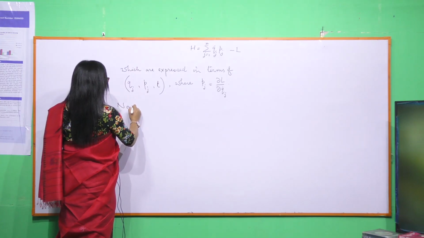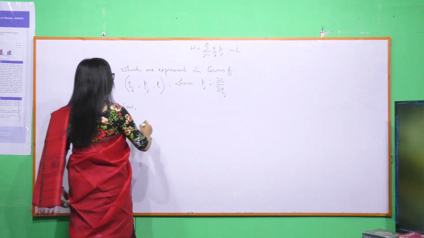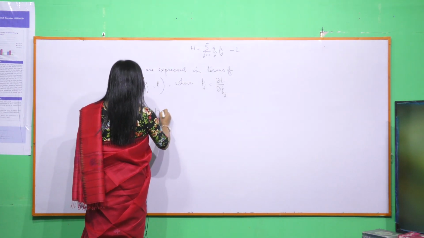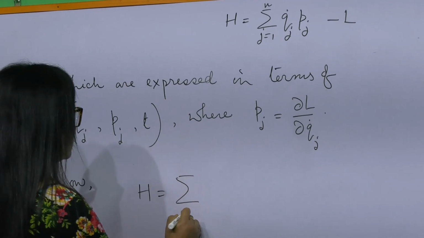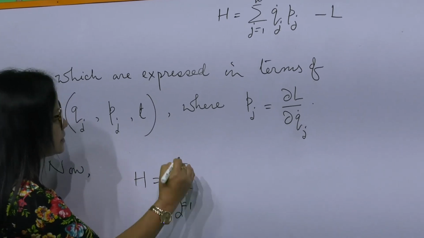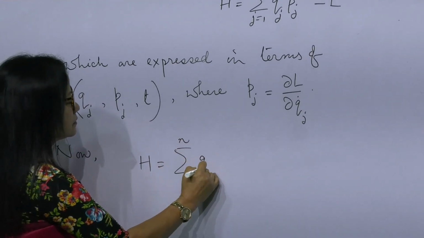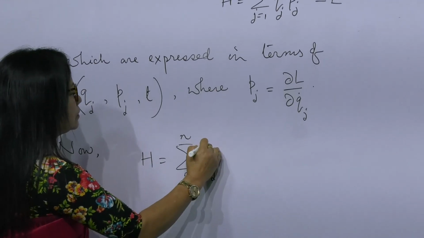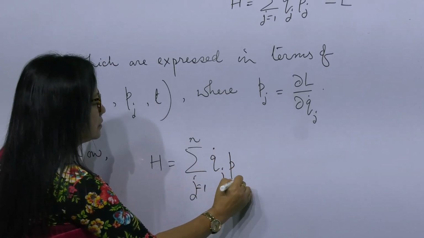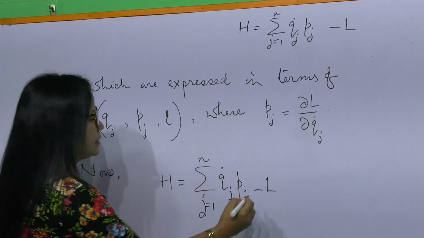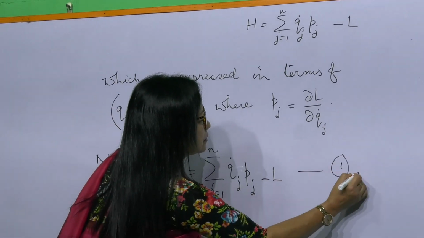Now H is equal to summation j ranging from 1 to n qj dot pj minus L. Let us call this equation number 1.